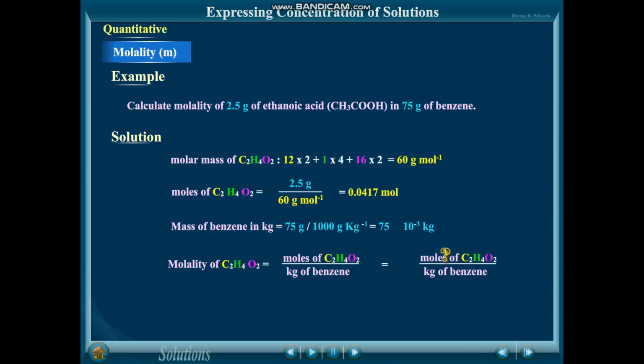Moles we have calculated, it is 0.0417 into 1000 divided by 75. The mass of benzene is converted into kg, and that is why 1000 is there in the numerator. It is equal to 0.556.